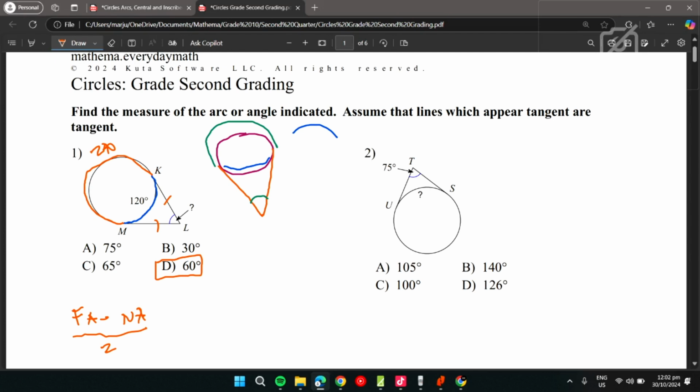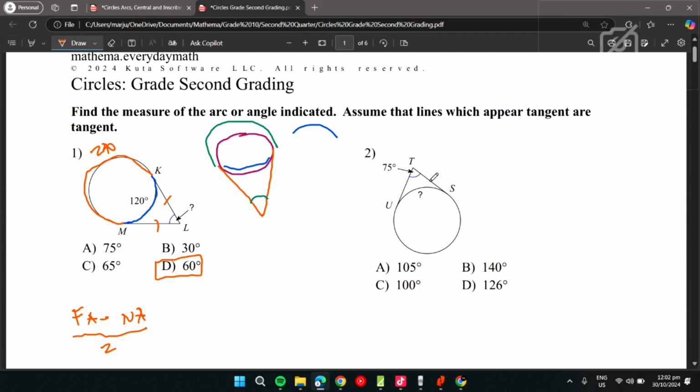Do we still have questions for number 1? Or do we proceed with number 2? Proceed na. Alright. Number 2.